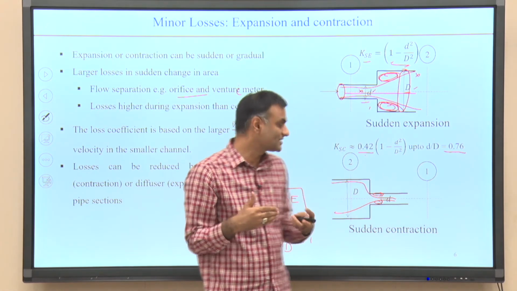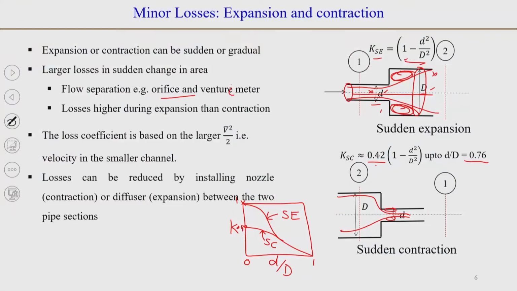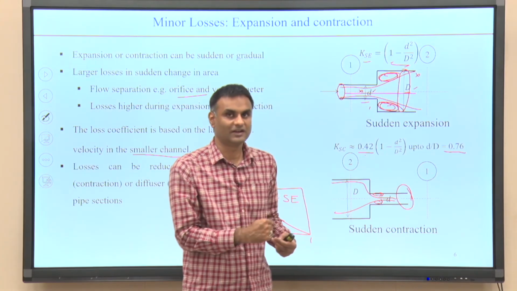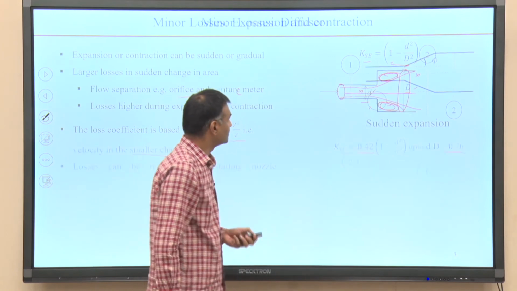The calculations are based on the larger V squared by 2, and that will be the case in the smaller channel. So it will not be based on the entry; it will be based on the smaller diameter channel, whether it is expansion or contraction, and conventionally that is how you will find the k values in the literature.